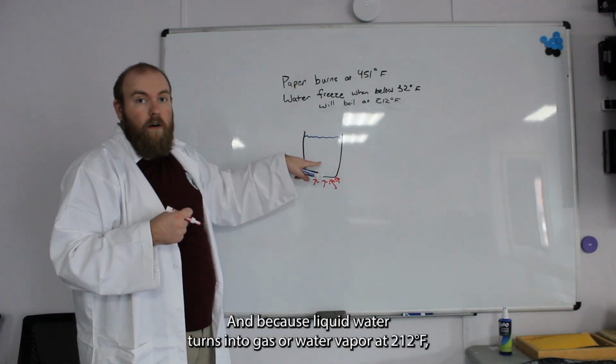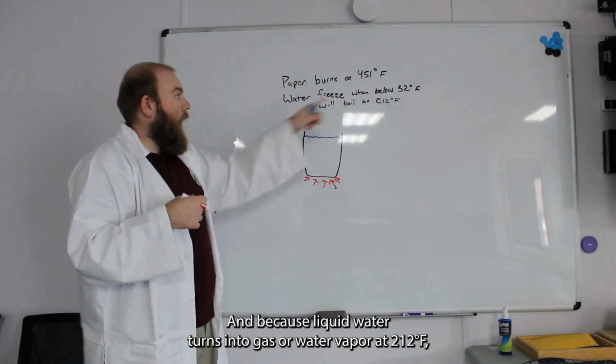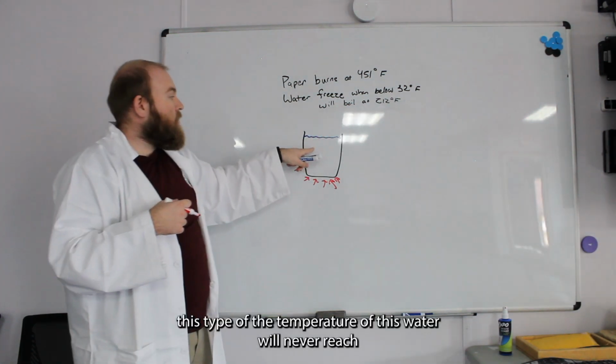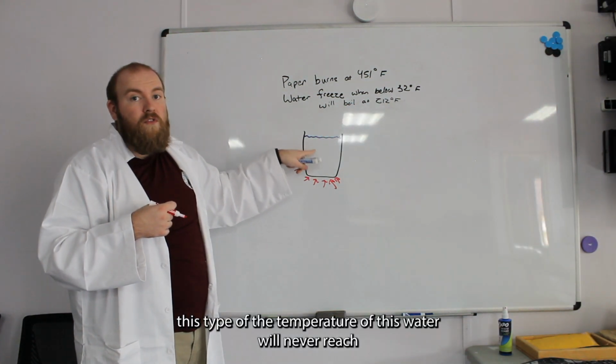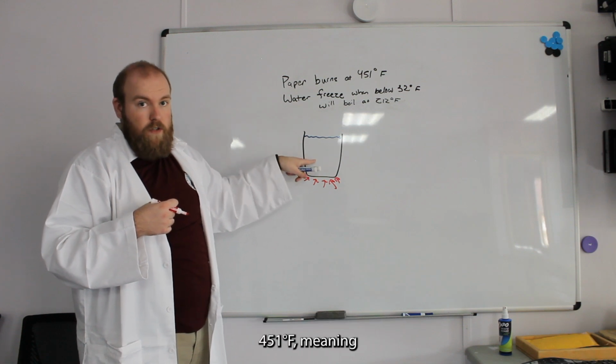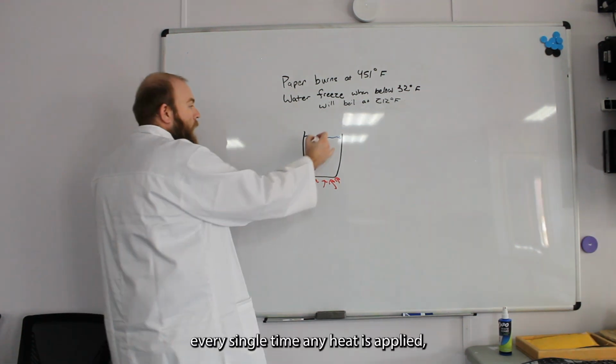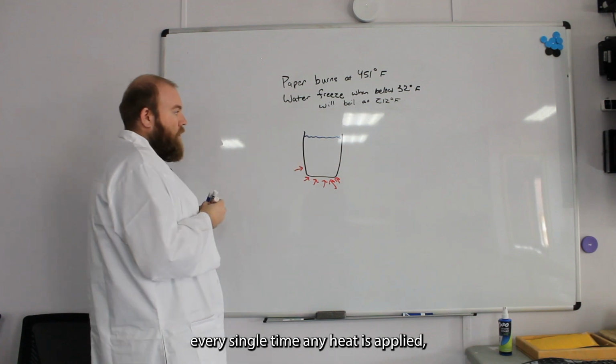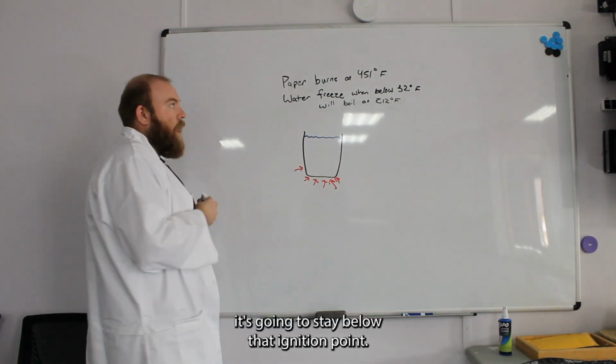And because liquid water turns into gas or water vapor at 212 degrees Fahrenheit, the temperature of this water will never reach 451 degrees Fahrenheit. Meaning, every single time any heat is applied, it's going to stay below that ignition point.